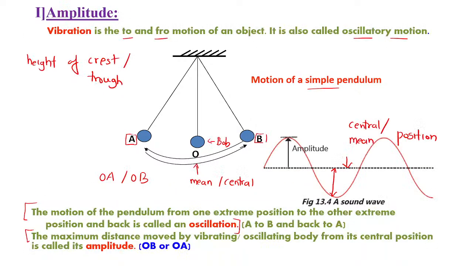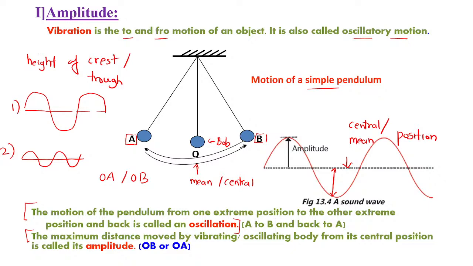Let me give you one example. I have wave 1, let me draw one wave for you, and let me draw another wave diagram. Which wave shows the bigger amplitude, diagram 1 or diagram 2?